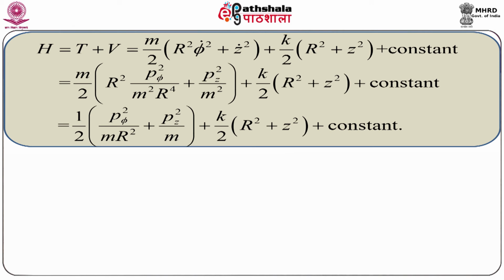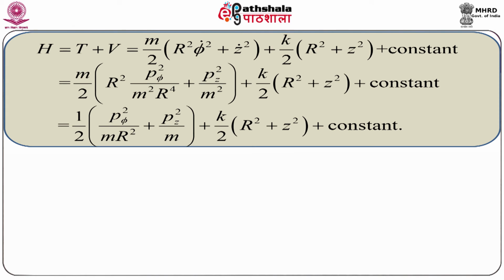As the particle moves in a conservative field and the field is scleronomous, Hamiltonian H is equal to the sum of kinetic energy and potential energy.